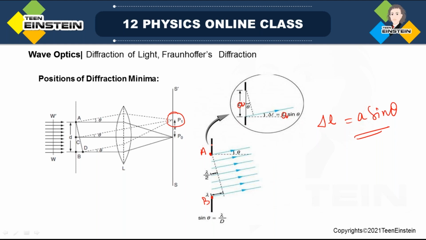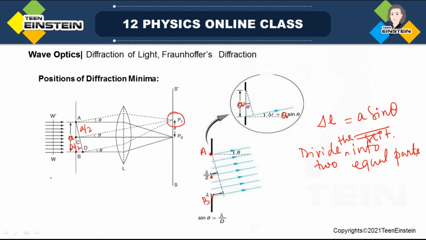Look, if I divide the slit into two equal parts, with C as the middle point, then each part will be A by 2.